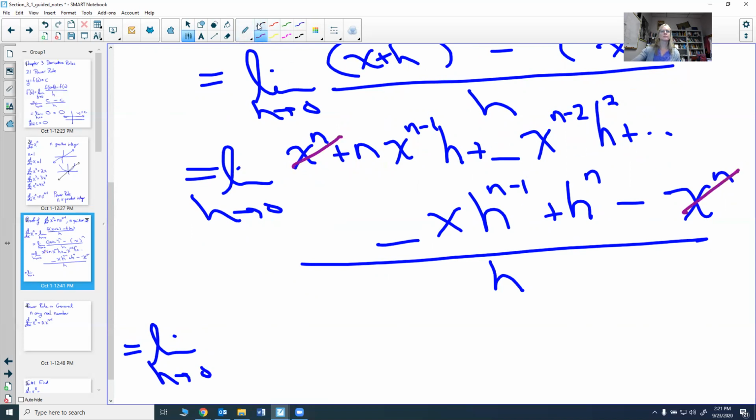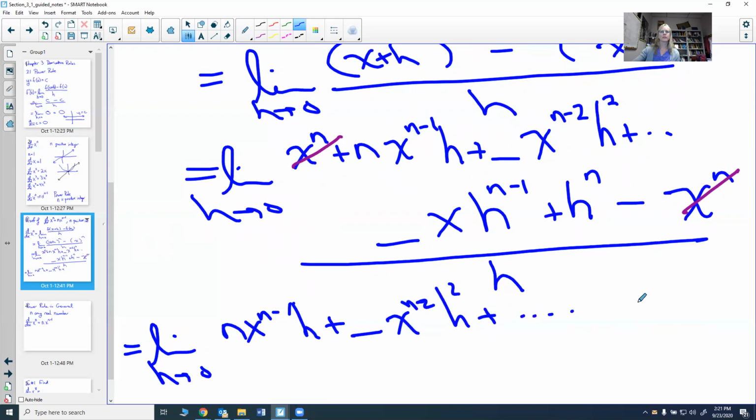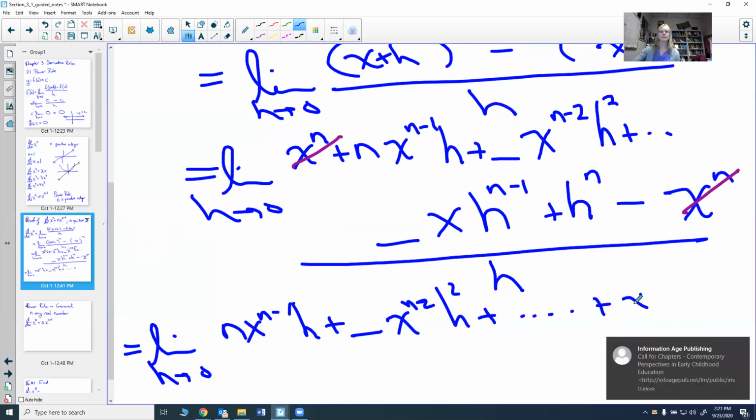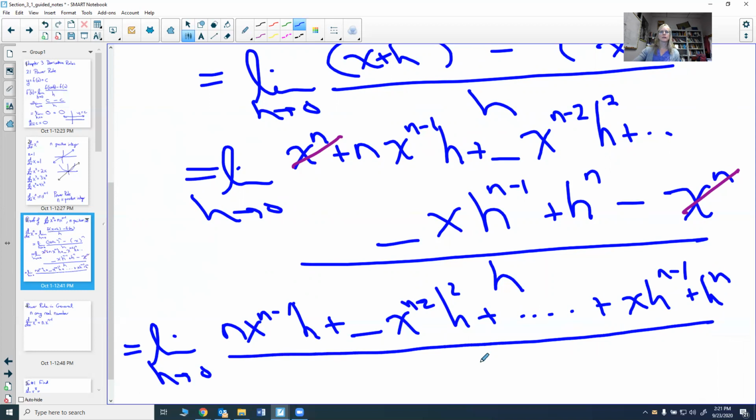They're now gone. And then I've got n x to the n minus 1 times h plus something again, x to the n minus 2 times h squared plus dot, dot, dot, plus x h to the n minus 1 plus h to the n, all over h.